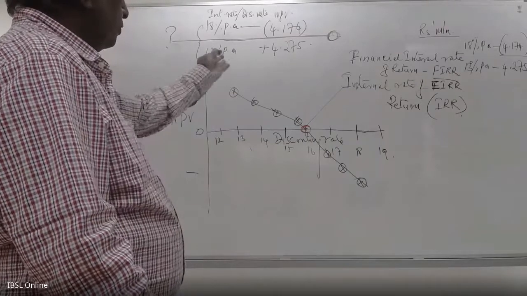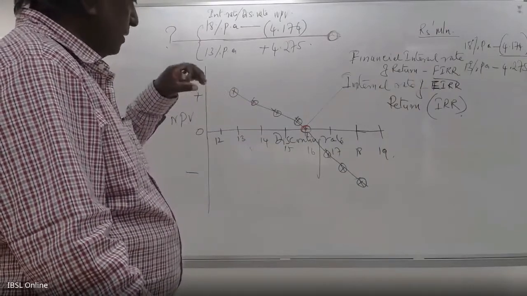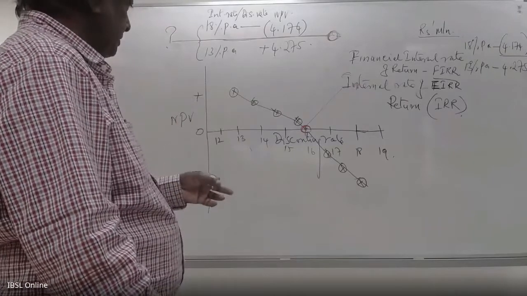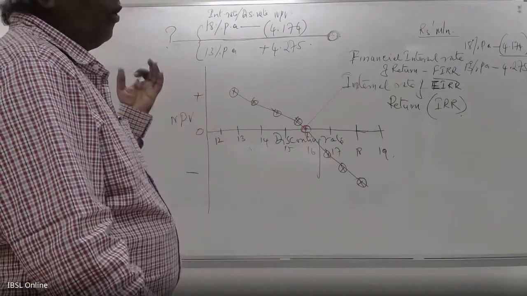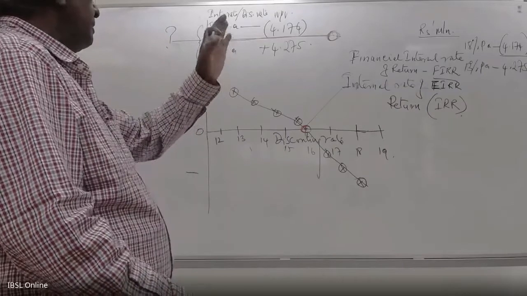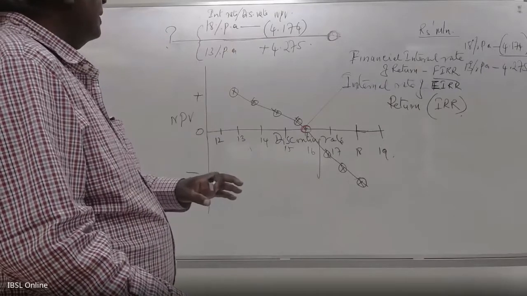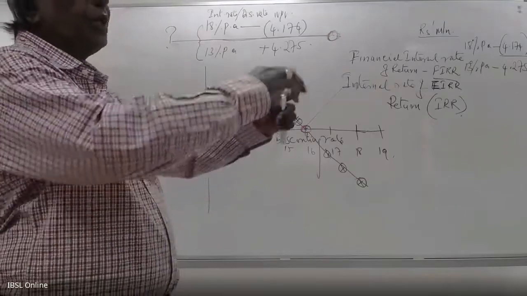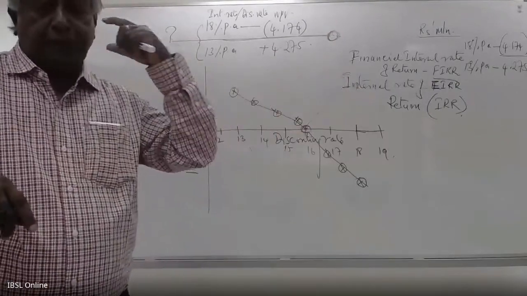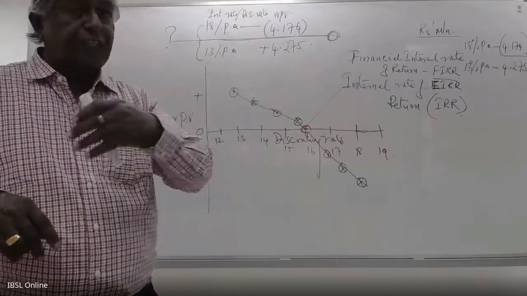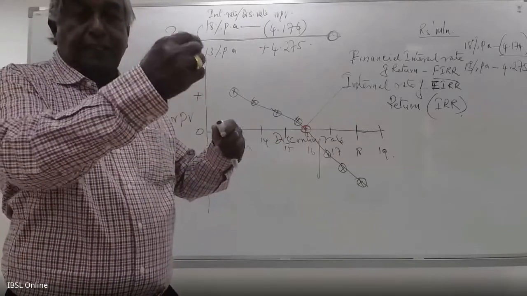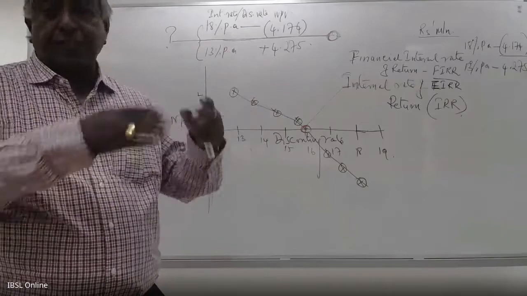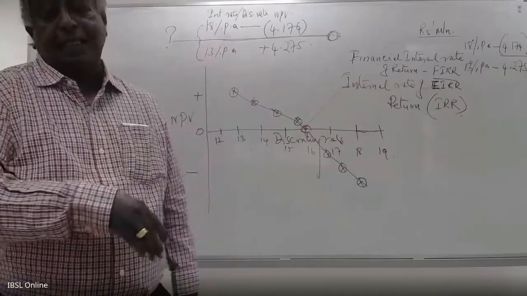So internal rate of return is the discounting rate where the NPV is neither positive nor negative. By plotting the graph, you have to do the calculation about 4 or 5 times to get the points, and then you plot the graph and find the IRR.